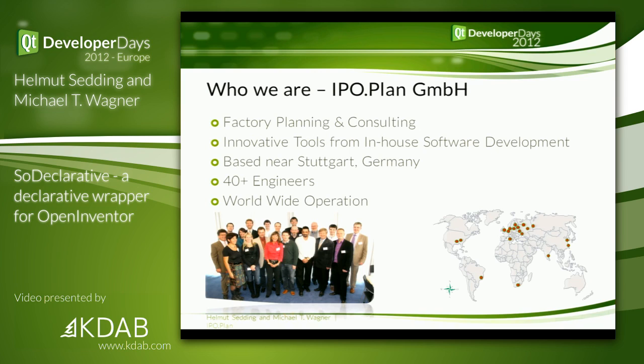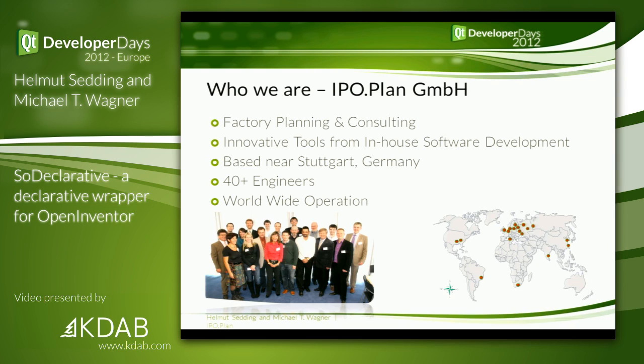We've got around 40 engineers, but not only construction specialists, but software developers as well, because we're developing our own software tools, which our engineers use for their daily planning work. So that's kind of a specialty about us.